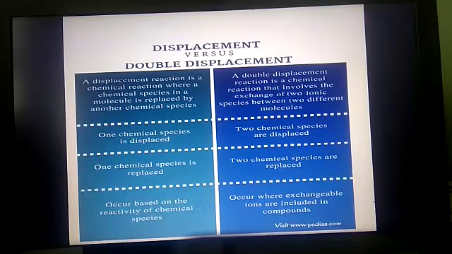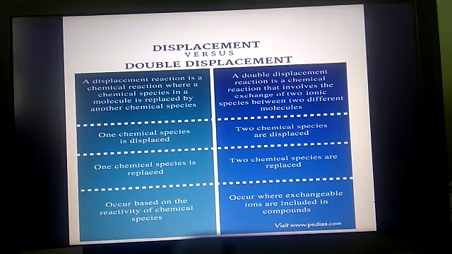Here in the single displacement reaction there is only exchange of a molecule, but here ions along with the molecule are also exchanging. Here only one chemical species is displaced, there two chemical species are displaced.